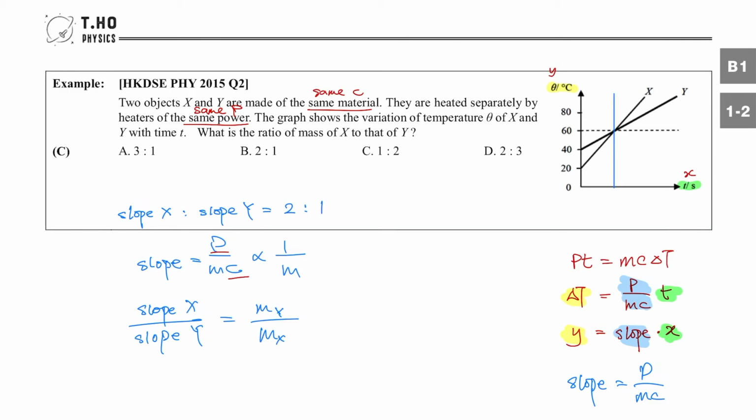We just put in the numbers: slope X to slope Y is 2 to 1, equals mY over mX. Changing the subject, mX over mY is equal to 1 to 2, or in ratio form, mX to mY is equal to 1 to 2. Therefore, the answer would be C.